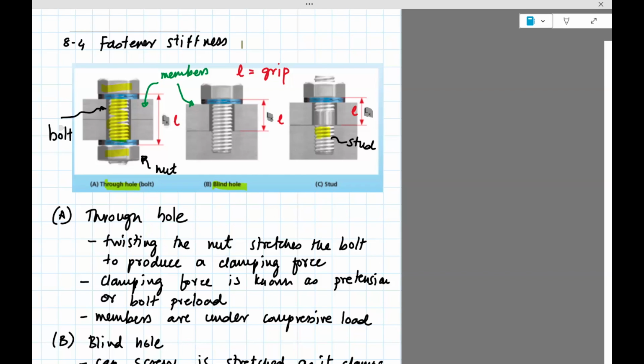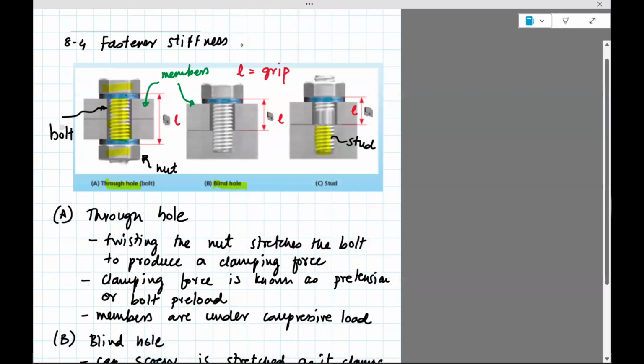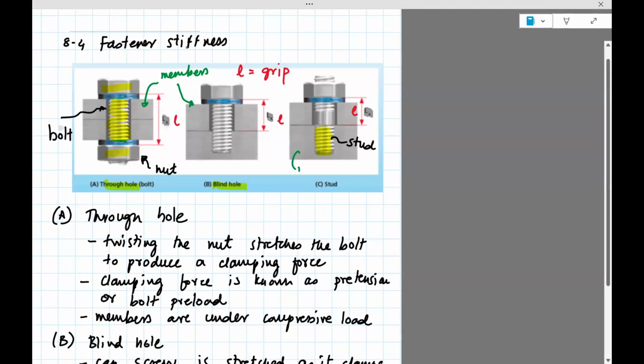So this is kind of interesting. This stud sits inside the second member. Let's call that member 2. It is a permanent thing. It just sits there. And all you have to do now is screw in this nut.